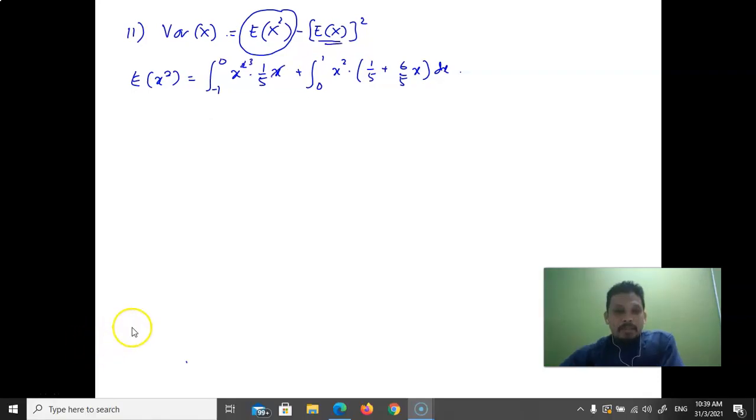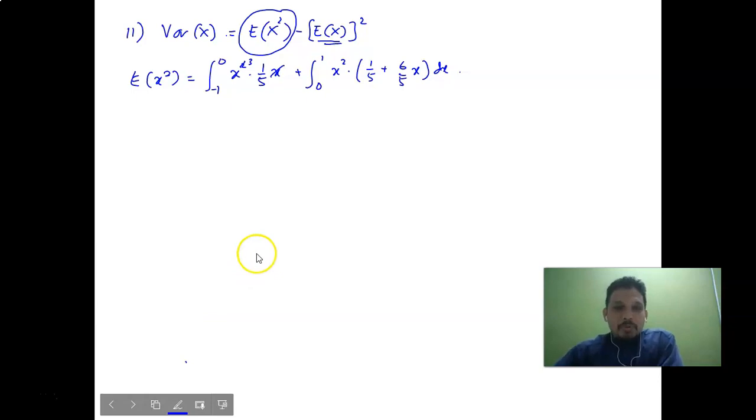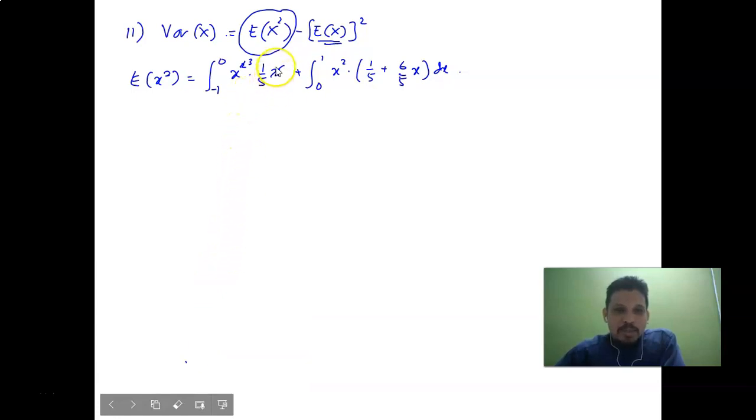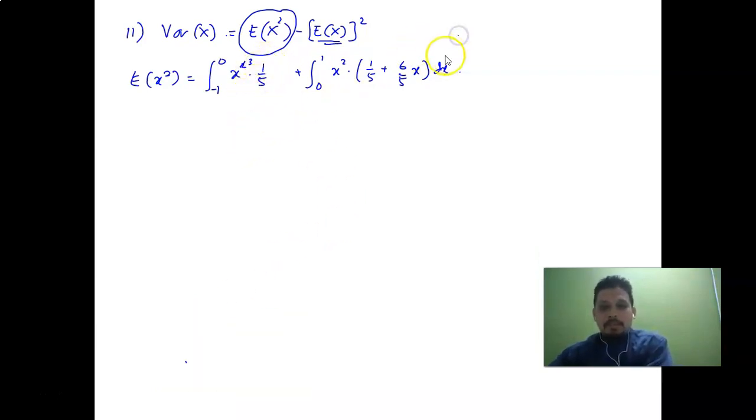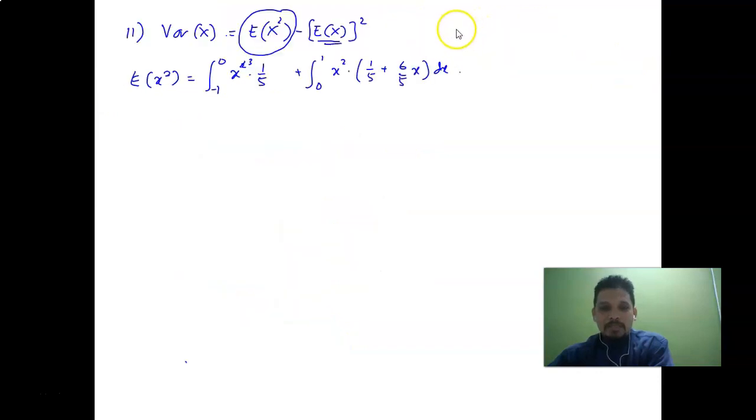Okay, class, before we continue, I found my mistake here: there is no x in this function, because the first function here is 1 over 5 only. There is no 1 over 5 times x. Sorry.